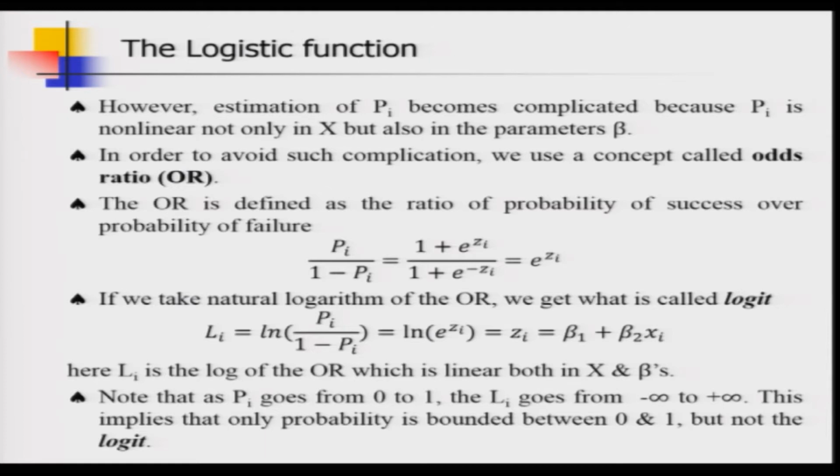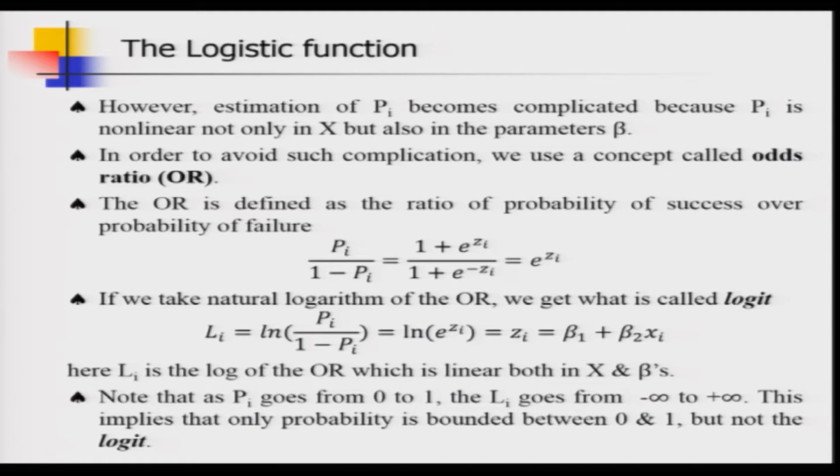So, now you see these probabilities are not linear functions of the explanatory variable or the parameters in the regression model, but the logit function that we have defined just now is a linear function of the explanatory variable. This logit function is linear in the explanatory variable and in the parameters also.